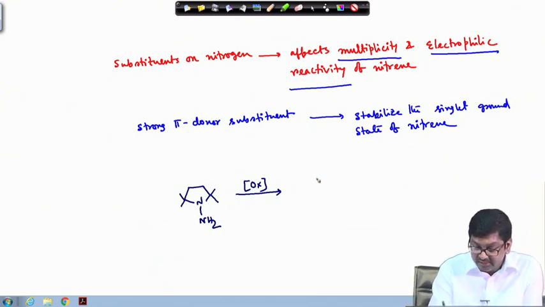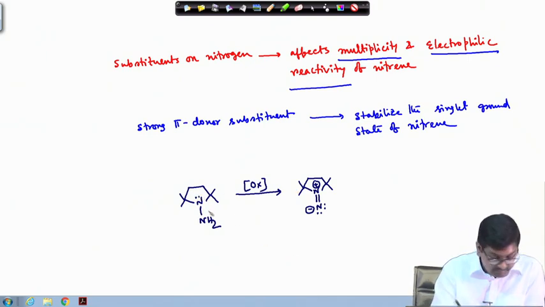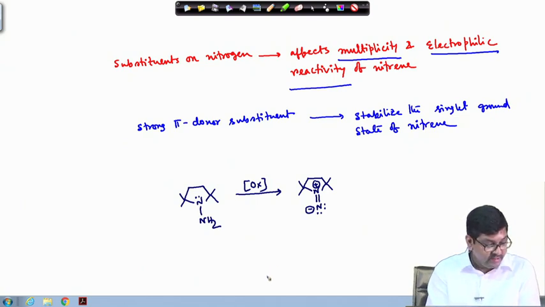Basically that will generate the nitrene, and it will be stabilized, and this is a singlet state that generates, okay, and this is actually in resonance.